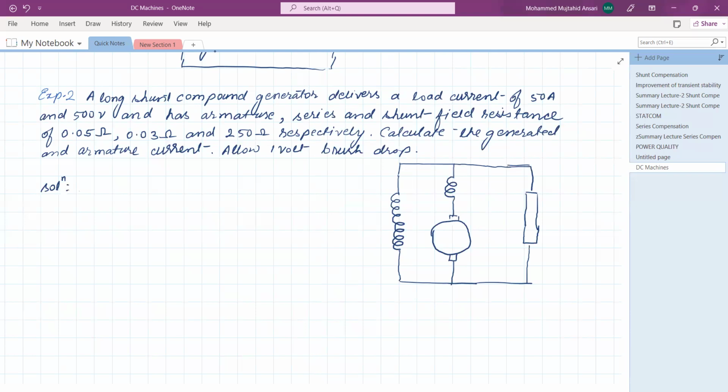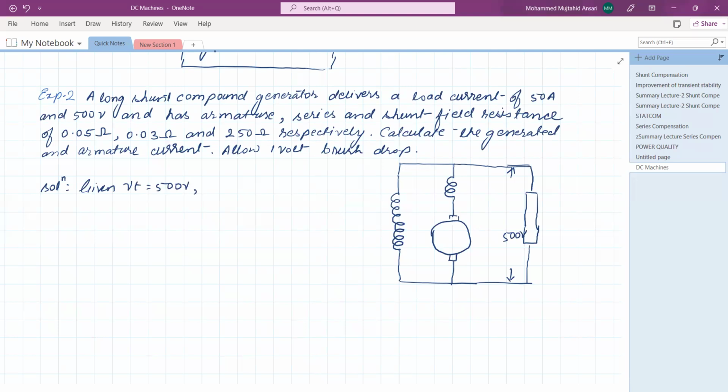What is given? The voltage across the load is 500 volt. So terminal voltage, it is 500 volt. It is better to write the given data.